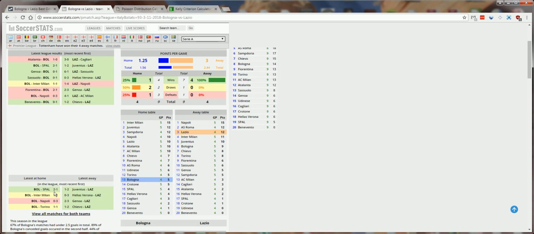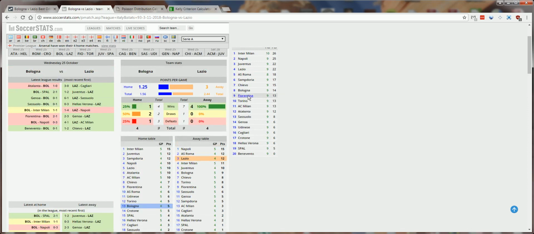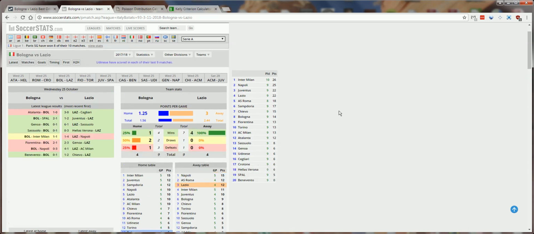Well, Spal are quite tight. I'll show you that game in a second. At home, so that's not bad actually. And 3 they let in against Napoli. Well, that's no surprise, is it? So Bologna aren't doing too bad. Oh, then we've got Bologna there, Lazio 2 points ahead. So yeah, I quite like the overs there.